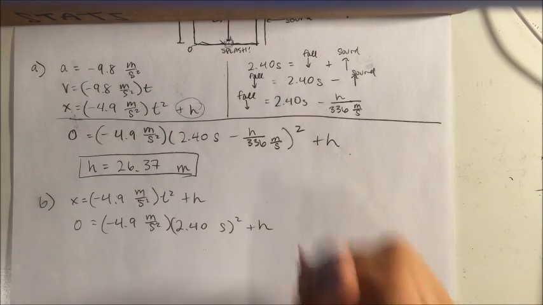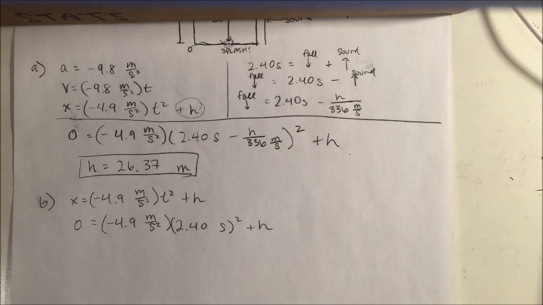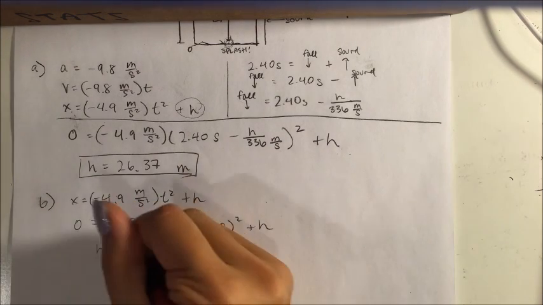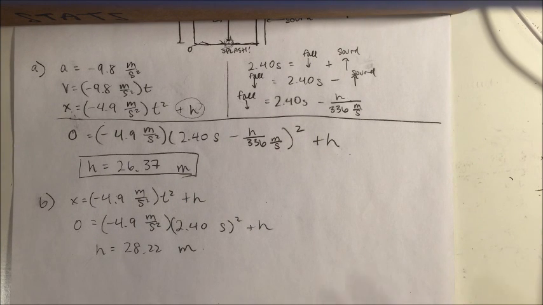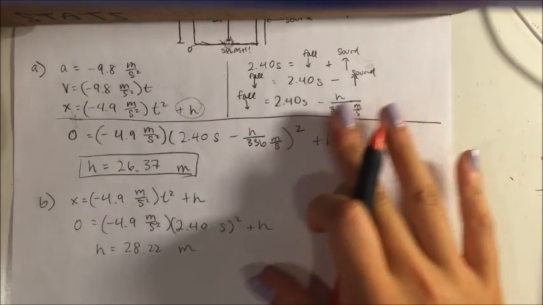And then we have our h on the side. This results in an h of 28.22 meters. If you plug that into your calculator, that's what you get. So obviously these two numbers are different. We're going to calculate the percent error now.